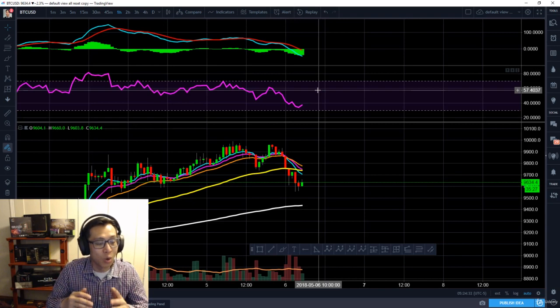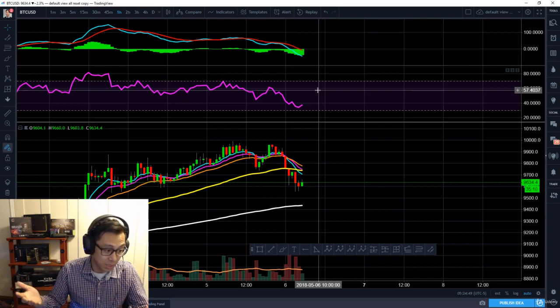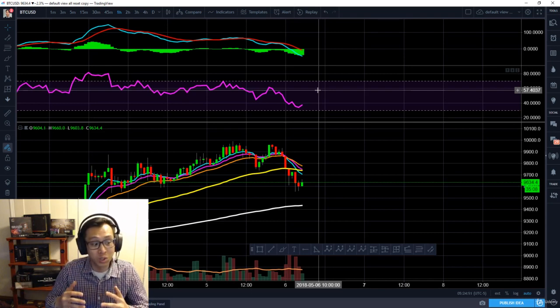And just because it's overbought above 70, it does not mean that it's going to come down. It just means that it's reaching levels where there's a higher probability of it reversing very soon. There's a good chance that it's going to reverse the other way soon, because nothing will stay overbought for too long and oversold for too long as well.